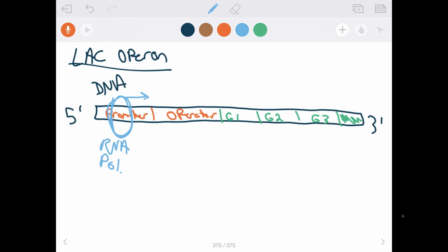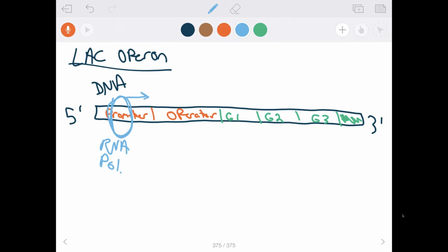If lactose concentration is low, is there a point to making these 3 genes? Is it necessary to transcribe and translate all three of them when you don't have a ton of lactose in the cell? The answer is no. It's not necessary. So to save energy, the cell can actually block transcription.